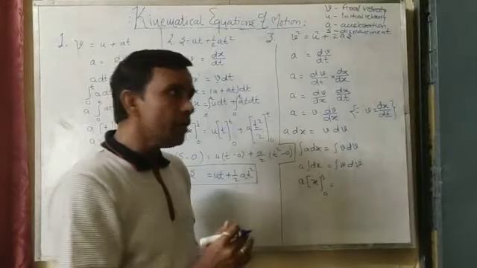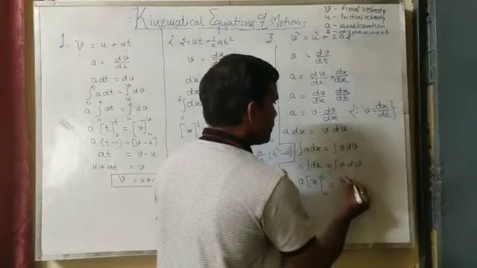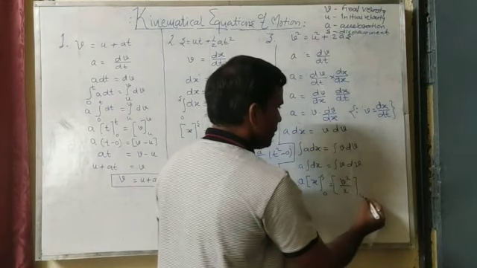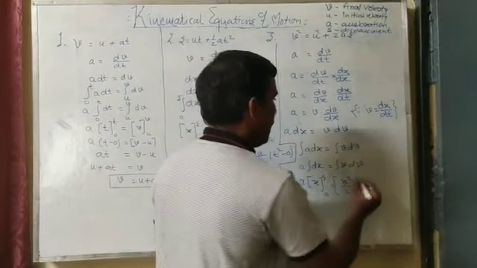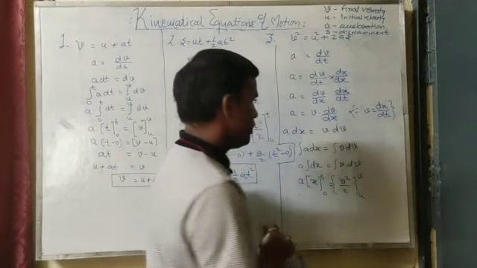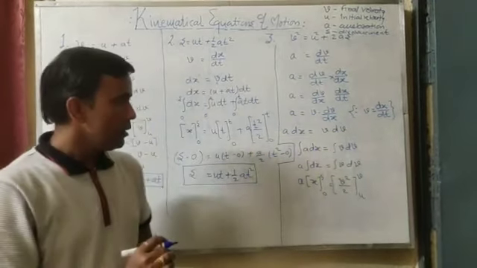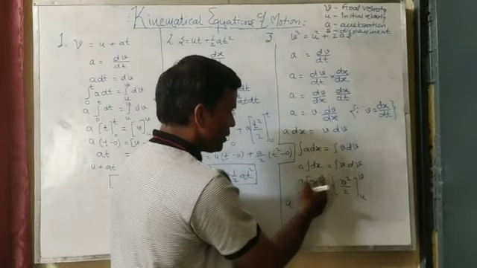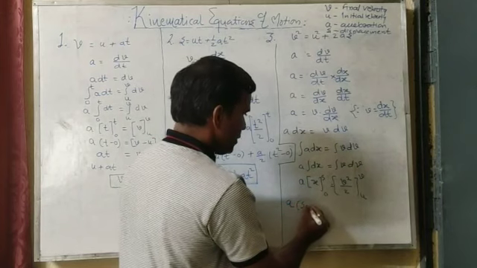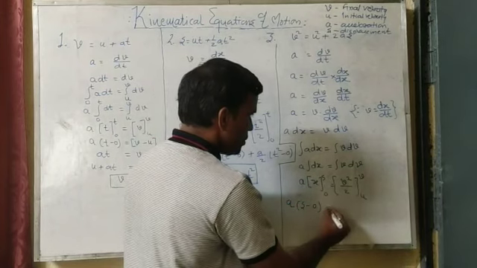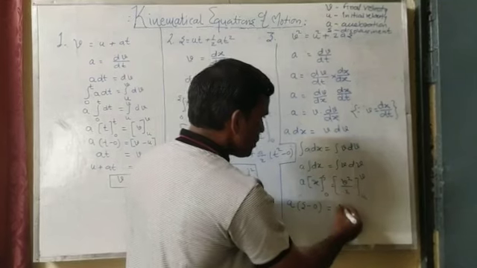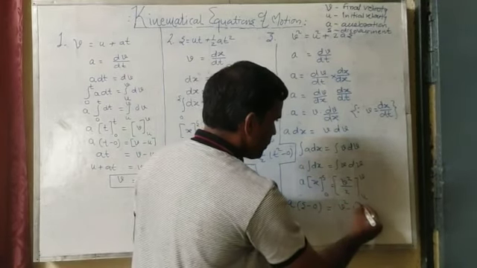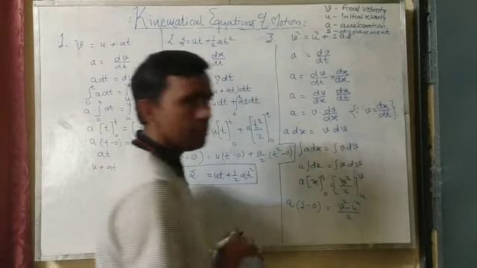The integration of v is v square by 2, and limits are from the lower limit of the velocity, which is u, and the final limit is v. So we put the limit u to v. Now we will give the limits to the variable. Instead of x, we will write the upper limit s minus the lower limit 0, is equal to, instead of v square, we will write the upper limit v square minus the lower limit u square, and 2 is a constant as it is.